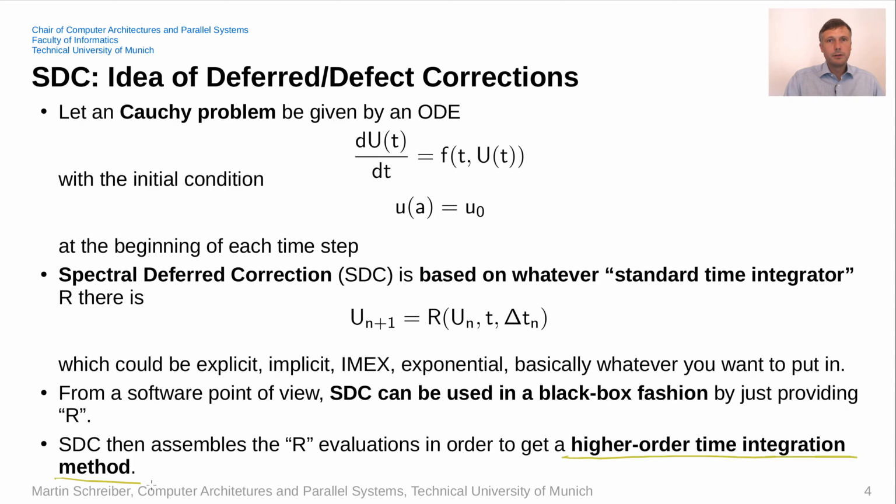So the user of that method only needs to provide that lower order, typically first order time integration method, and then we get a higher order time integration method basically for free, at least regarding the implementation aspects.